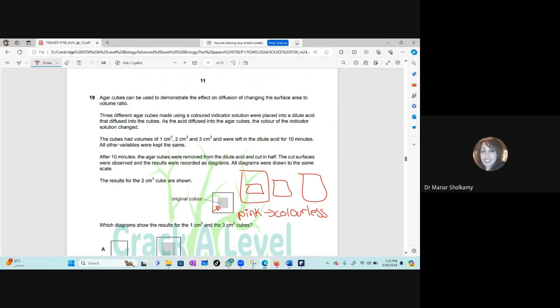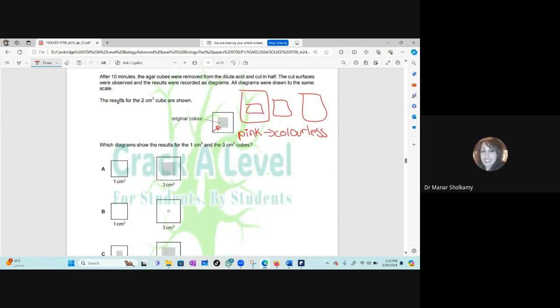Now, here we are testing surface area to volume ratio. Of course, when the cubes have a high surface area, less time will be needed for the agar cube to completely become colorless, or in the same amount of time, more or most of the cube will become colorless. Do you understand now the investigation? Do you understand what I said? Yeah. Okay, good. So here they gave you a scale for the 2 centimeter cube after 10 minutes.